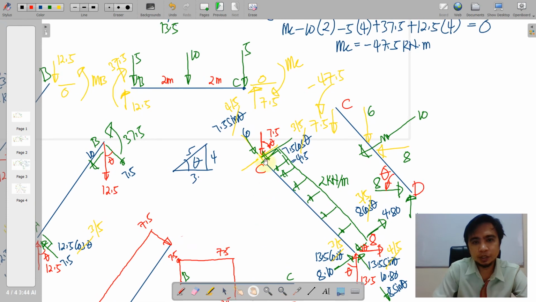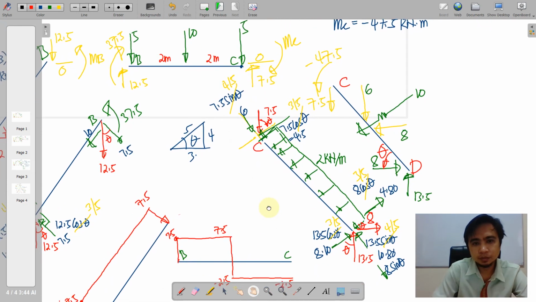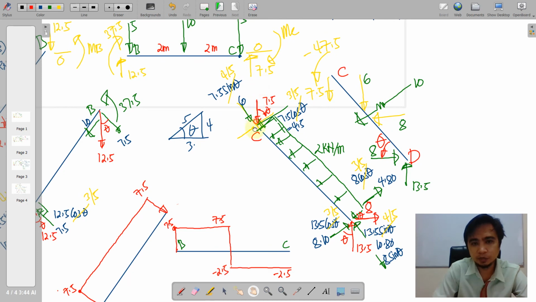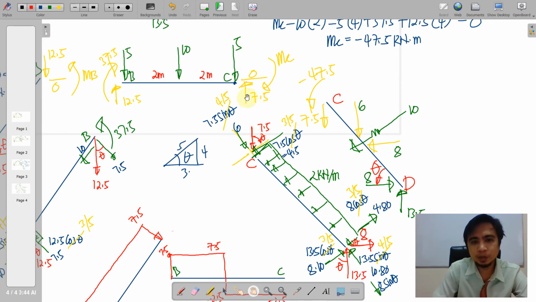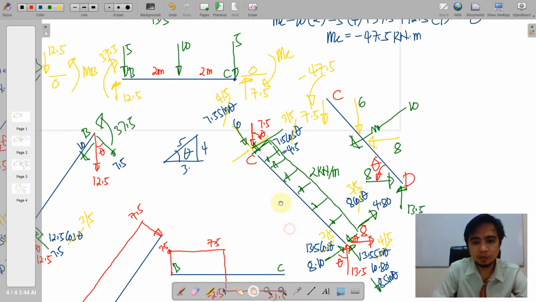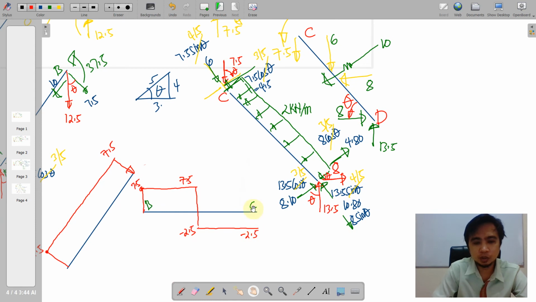Okay, so C has 5 and 7.5. So an upward 7.5 less a downward 5 here will yield to positive 2.5, and that shall close this diagram.